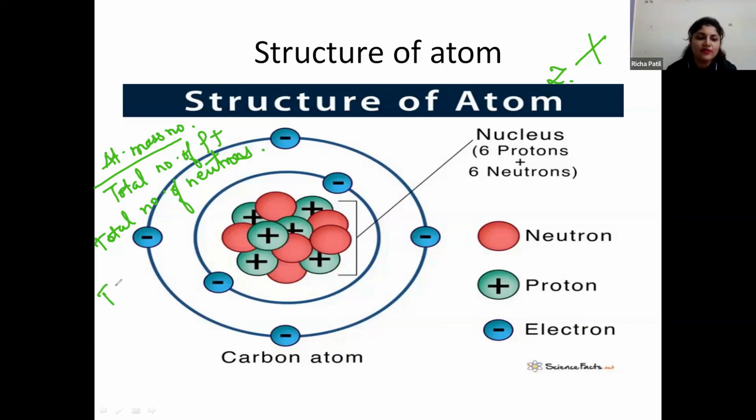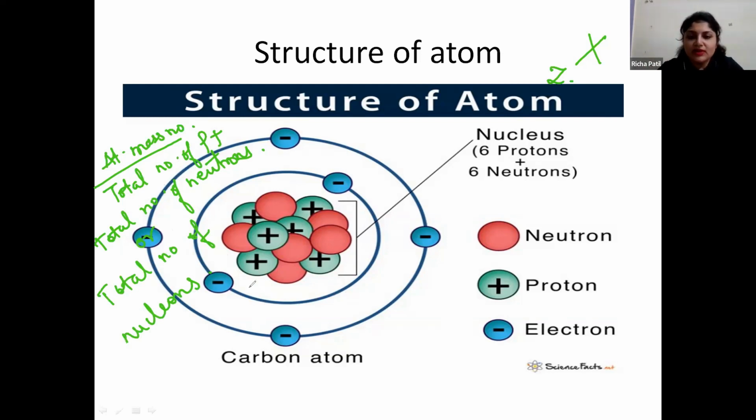Simply the total number of nucleons. So how do we calculate atomic mass number? Total number of protons plus total number of neutrons, or simply the total number of nucleons. Protons and neutrons together are called nucleons, right? So atomic mass number is calculated like this.